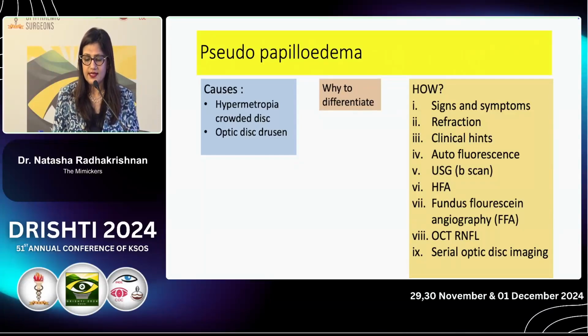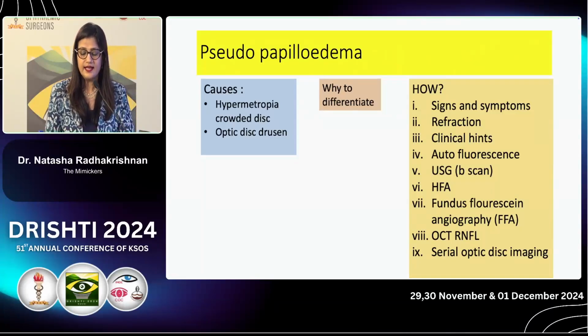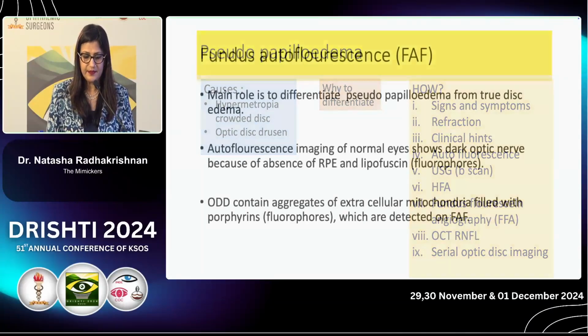And what are the things that give you the signs and symptoms, of course, then the refraction, then other clinical hints, like a lumpy bumpy appearance in the case of an optic disc drusen, which is not a uniform enlargement or raising of the optic disc. The things that help us in this are the ultrasound, the fields, and the FFA.